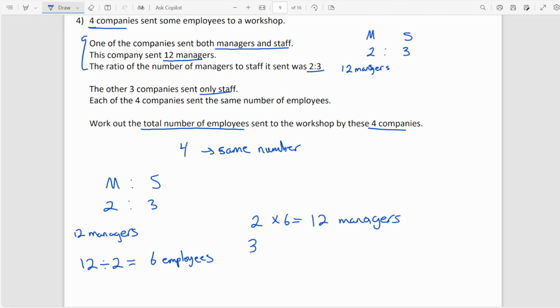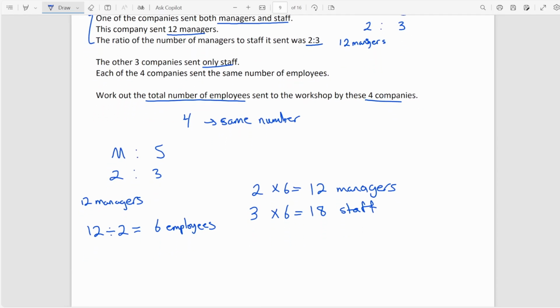But the other part is 3 times 6, which gives us 18 staff. So now I figured out what the first company sent. If you add those numbers, we get 30. So the first company sent 30 employees, managers and staff.